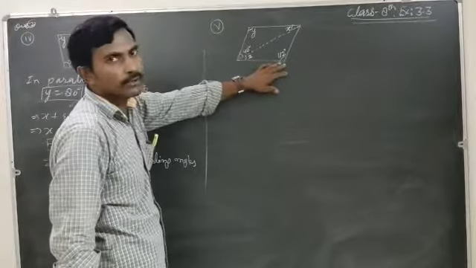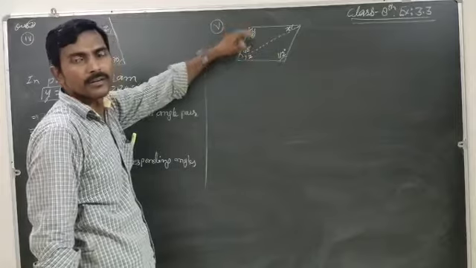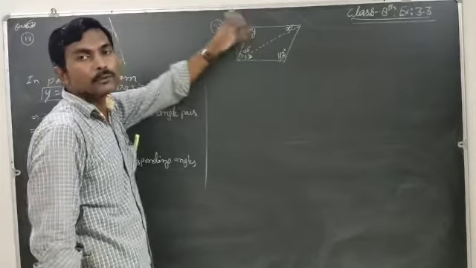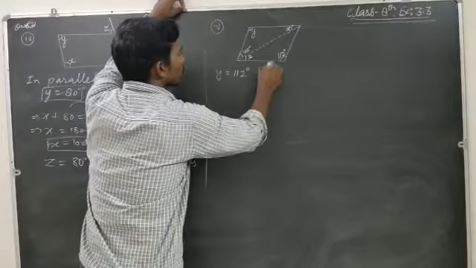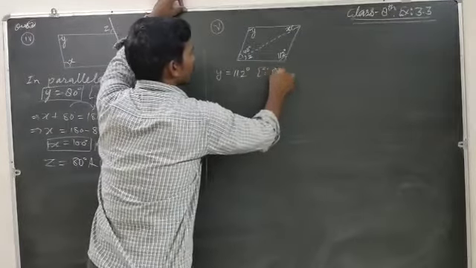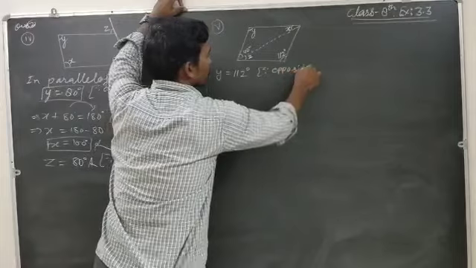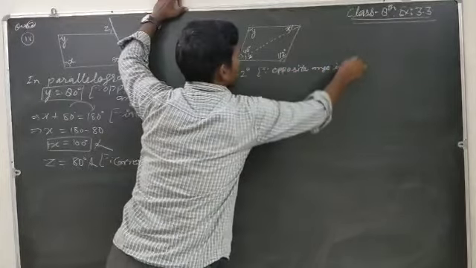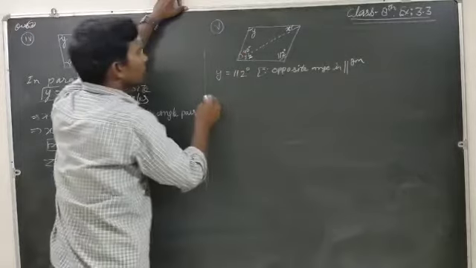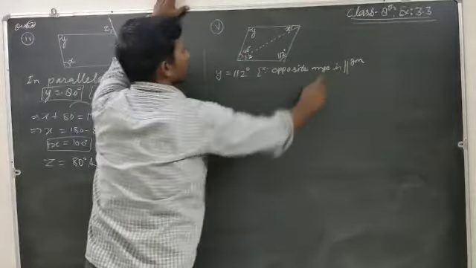This angle is 112 and also this angle is 112 because both are opposite angles. Y equals 112 because opposite angles in a parallelogram. So this is a parallelogram.